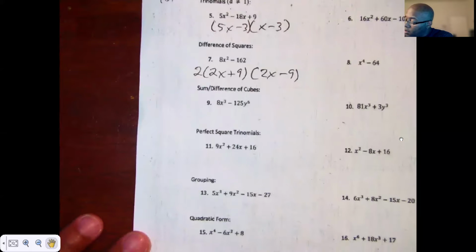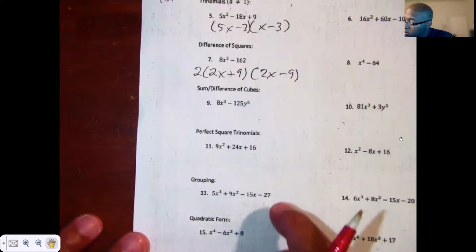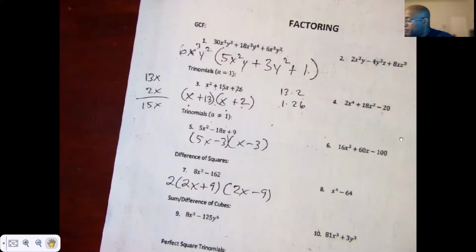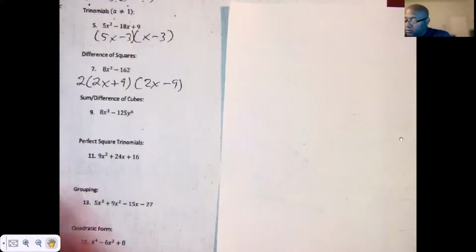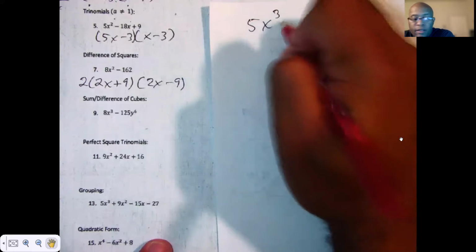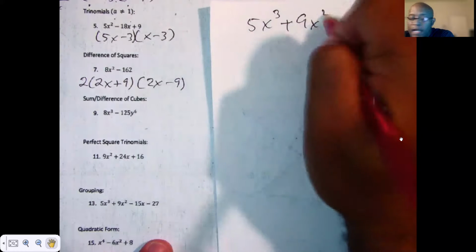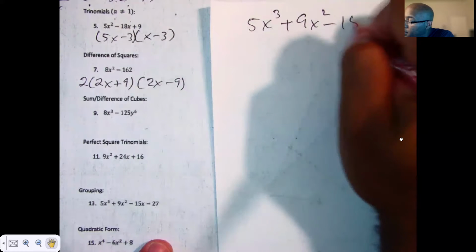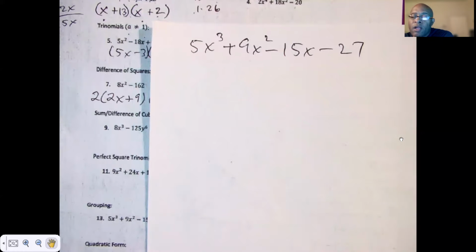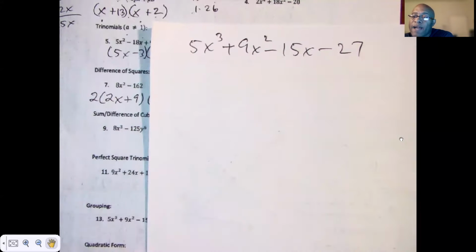All right, let's talk about grouping. 5x to the third plus 9x squared minus 15x minus 27. When we group things, in this particular case, we're just going to put two things together, then factor from there.